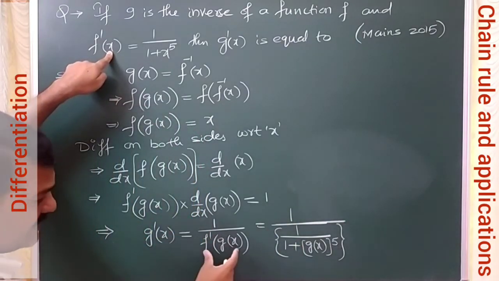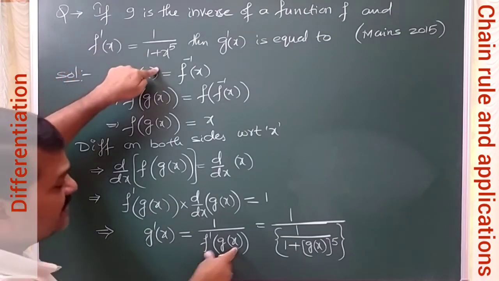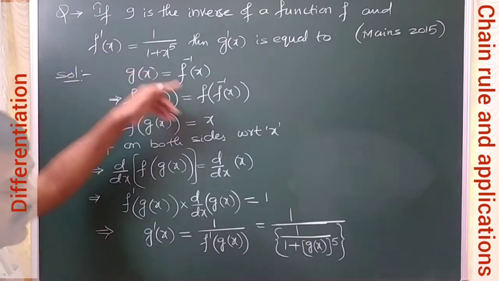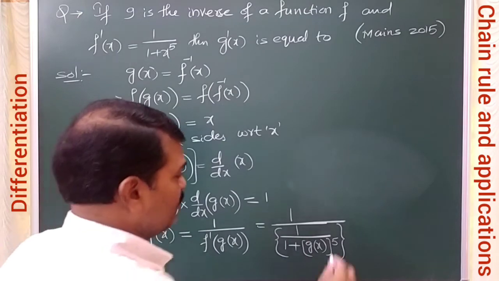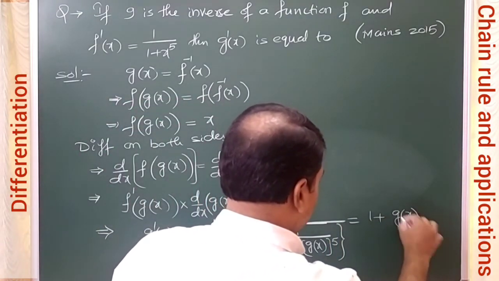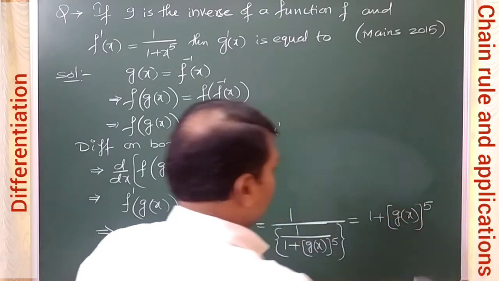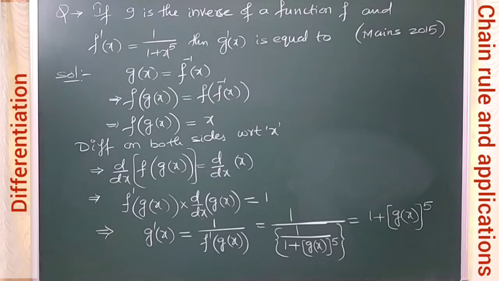One by this value, I am replacing x with g of x, I will get like this. Now this denominator you can shift on to numerator. So you will get 1 plus g of x whole power 5.